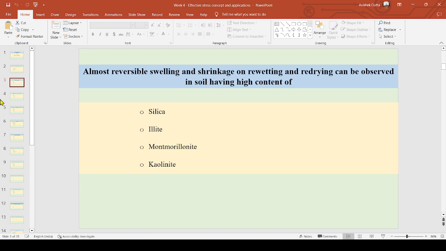The options are silica, illite, montmorillonite, or kaolinite.